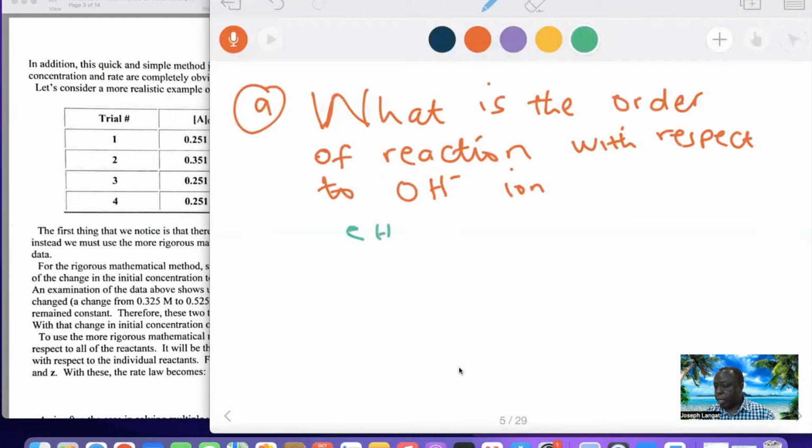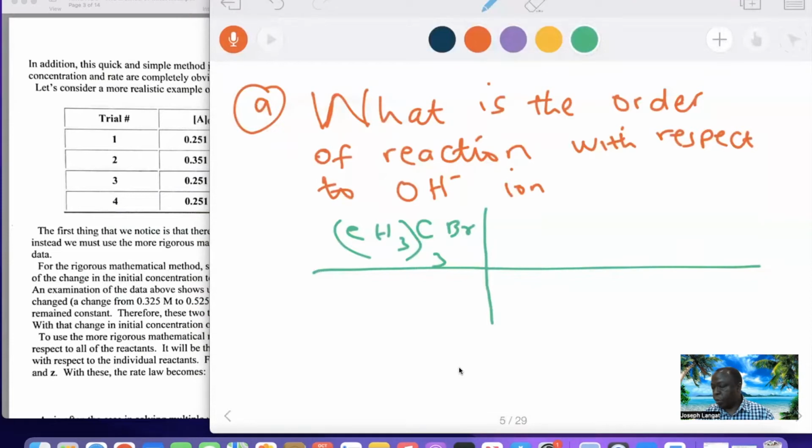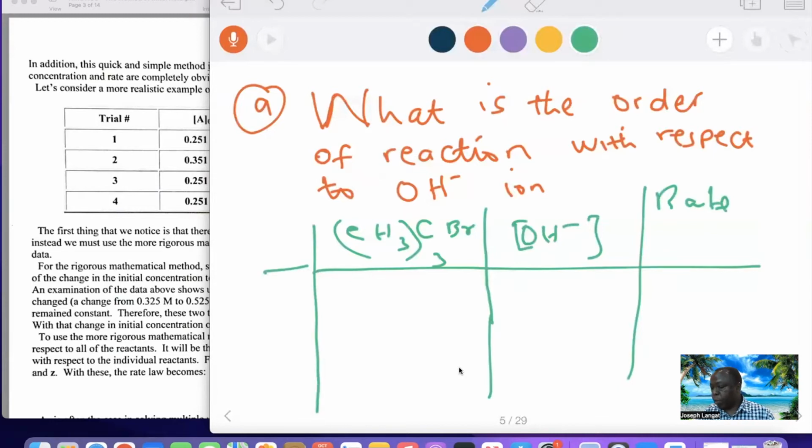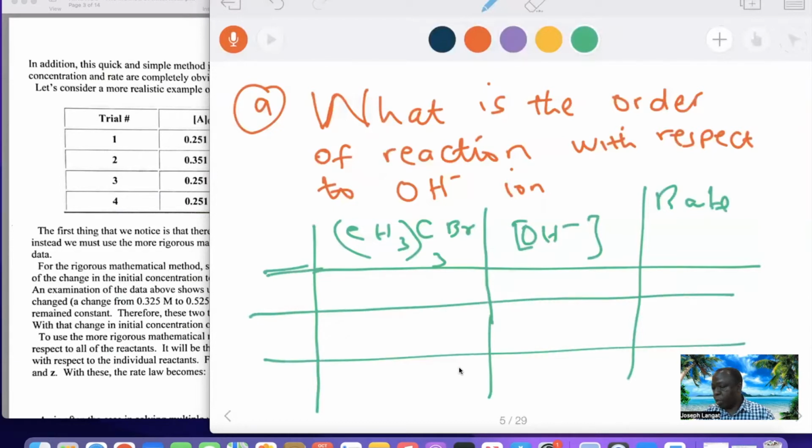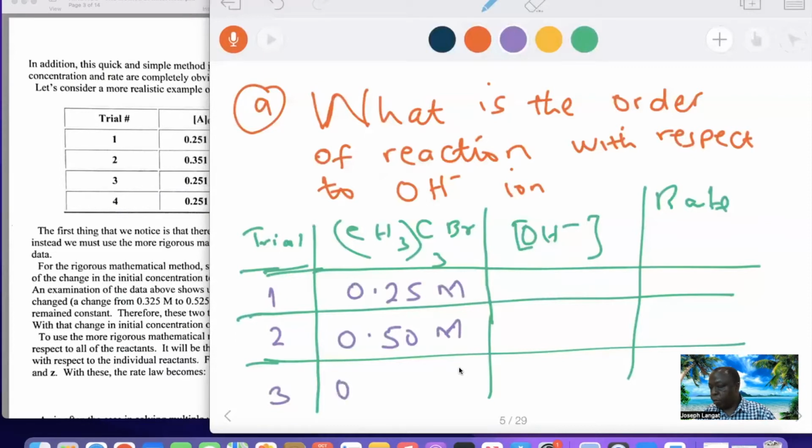Here I have the concentration of tertiary butyl bromide, the concentration of hydroxide ion, and then the rate for each one. So we should have 3 experiments: trial 1, 2, and 3. The concentration for experiment 1 is 0.25 molar, experiment 2 is 0.50 molar, and this is molarity. And experiment 3, 0.50 molar.